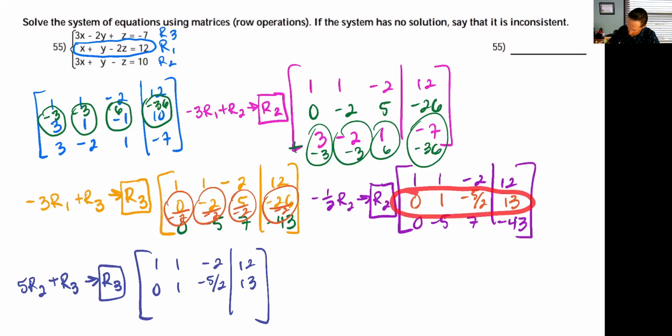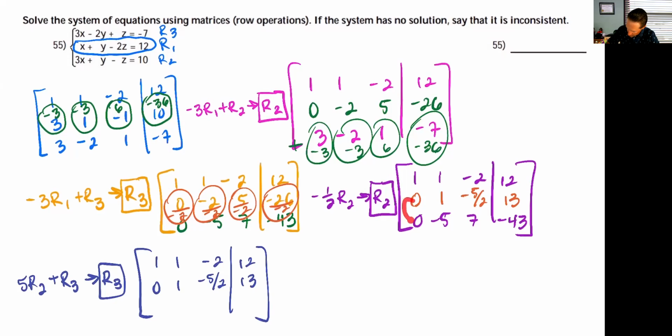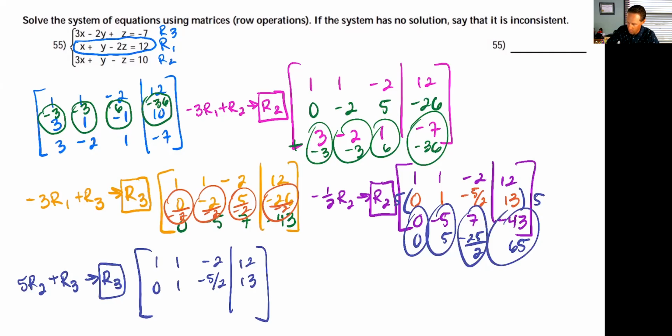So this whole thing, I'm going to multiply by a 5, and I will add it to row 3. So I'm going to write it right underneath here. So let's multiply this whole row by a 5. That will give me my new elements for that row 3 or equation 3, which we will insert here.